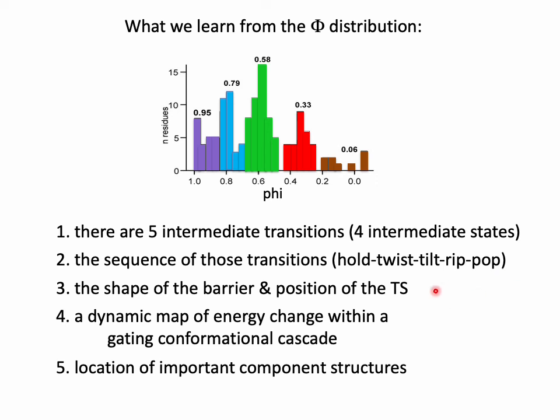We know the shape of the barrier roof and the position of the transition state within that region. We can get a dynamic map of energy change within the gating conformational cascade. And we can locate important critical structures that lie at Phi boundaries, for example.